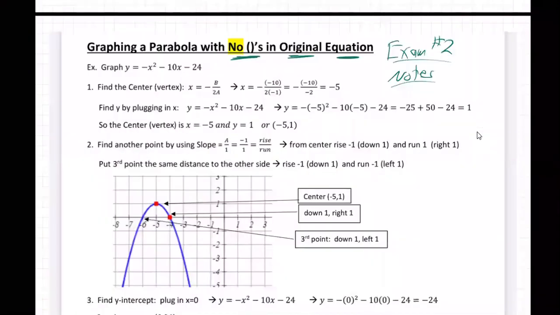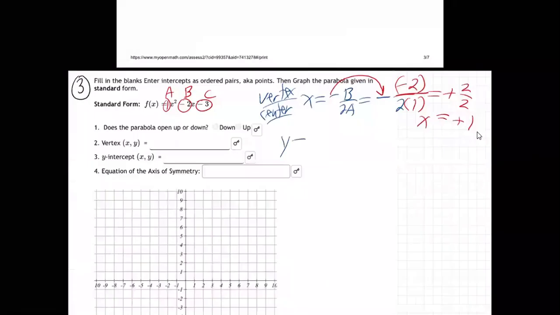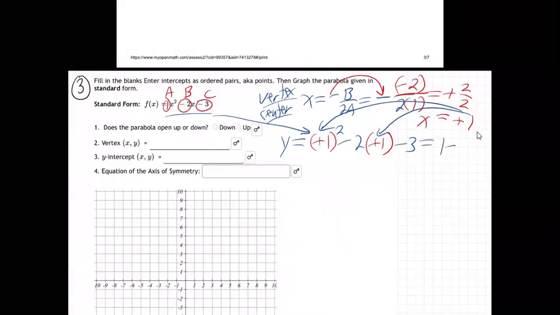So that's the first thing. You find the x value, negative b over 2a, and then you find y by plugging that x into the formula. So y will equal x squared minus 2x minus 3. I'm plugging in the x value of positive 1, so 1 minus 2 minus 3.